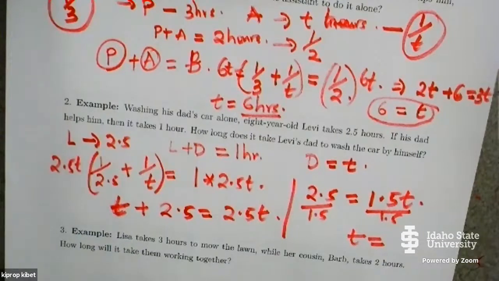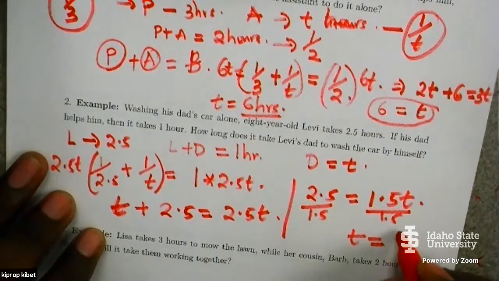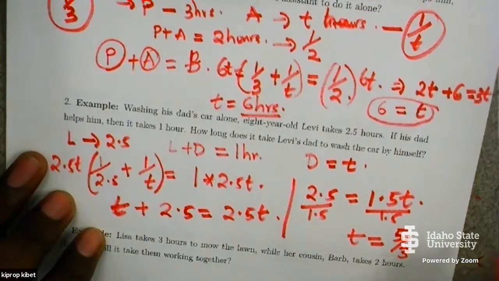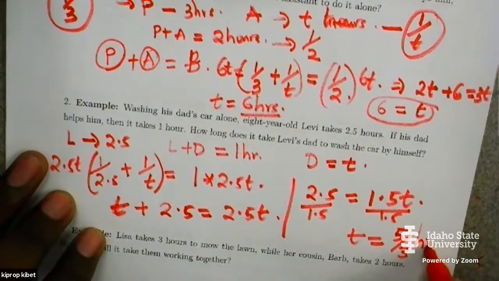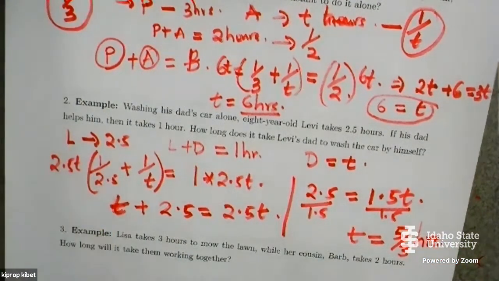So 25 over 15 is 5 all over 3 hours. So where did you get the 1.5 from? When you take this one to this side, it will be 2.5 minus 1, so you get 1.5.